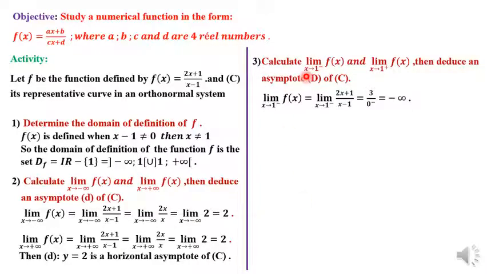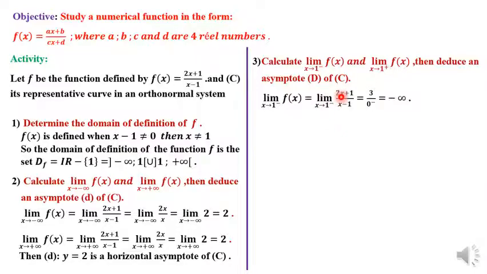Third exercise: we will calculate the limit of f(x) when x tends to 1 minus and the limit of f(x) when x tends to 1 plus. Then we will deduce an asymptote d of C. The limit of f(x) as x tends to 1 minus equals the limit of (2x + 1)/(x - 1) as x tends to 1 minus.